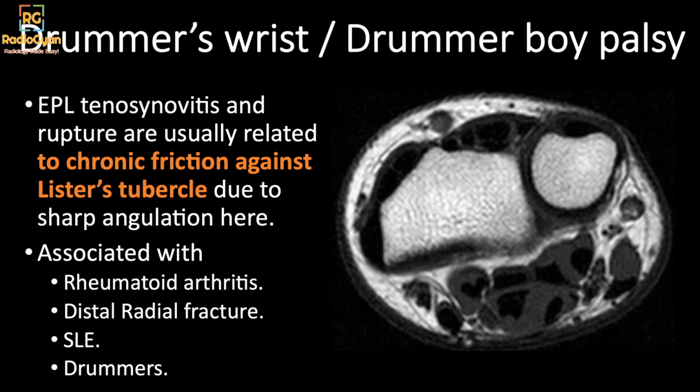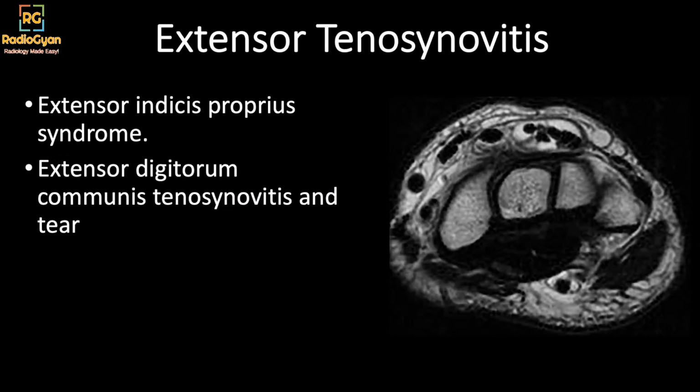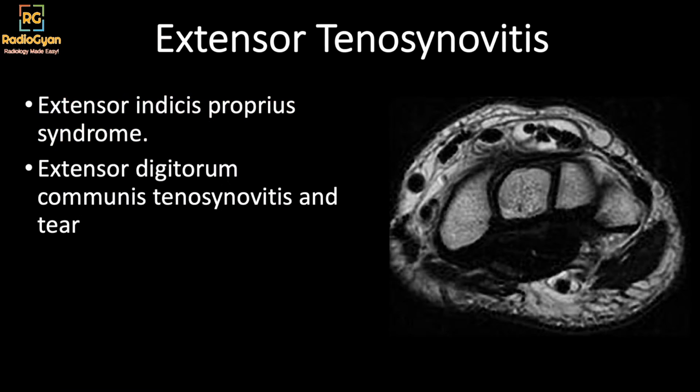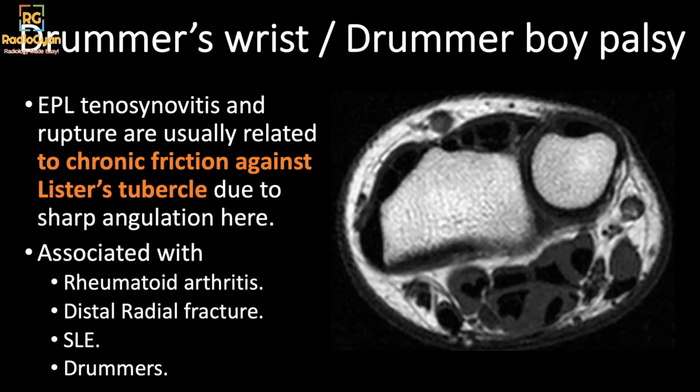Again, the third compartment consists of extensor pollicis longus, as we discussed, and tenosynovitis of the extensor pollicis longus can be seen.